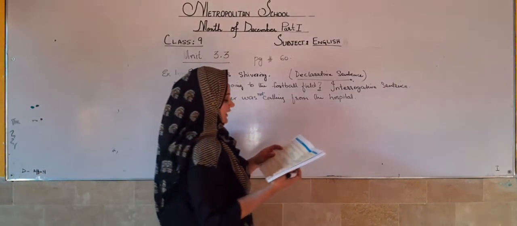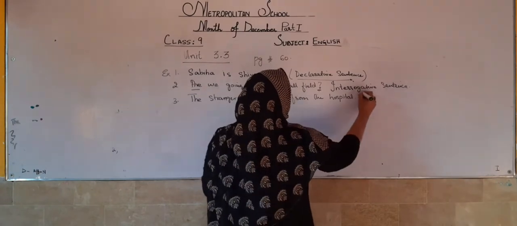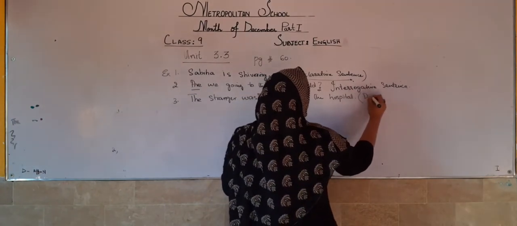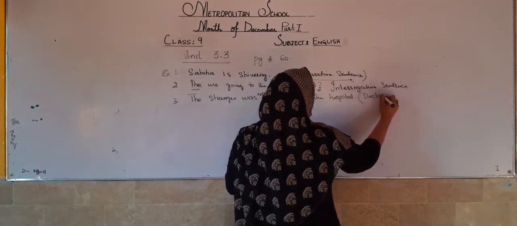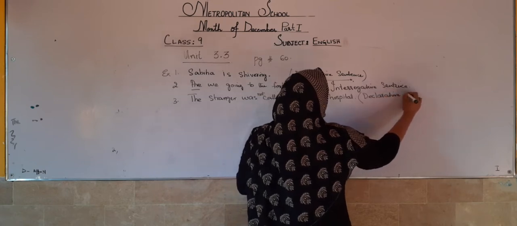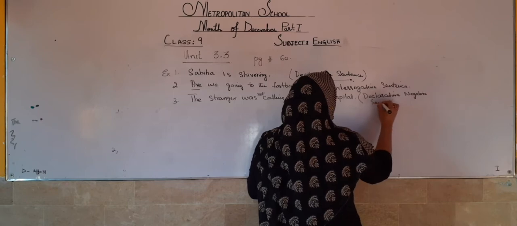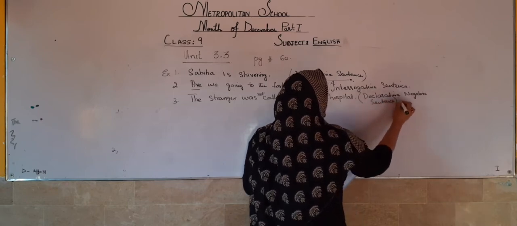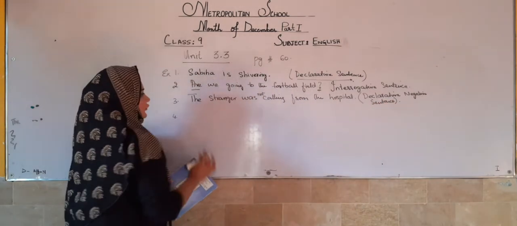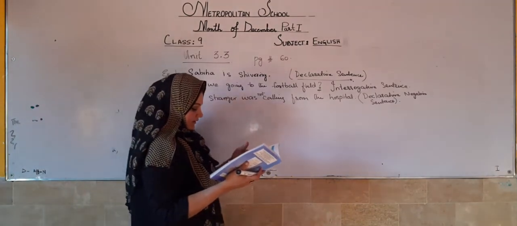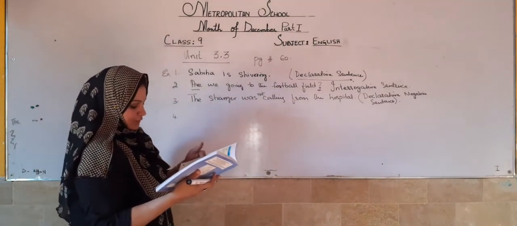So we need to write it declarative negative sentence. Number 4. Will you come to my home tomorrow to study?